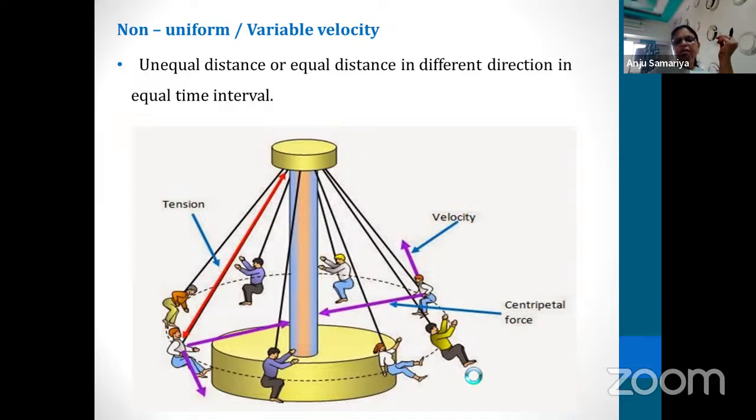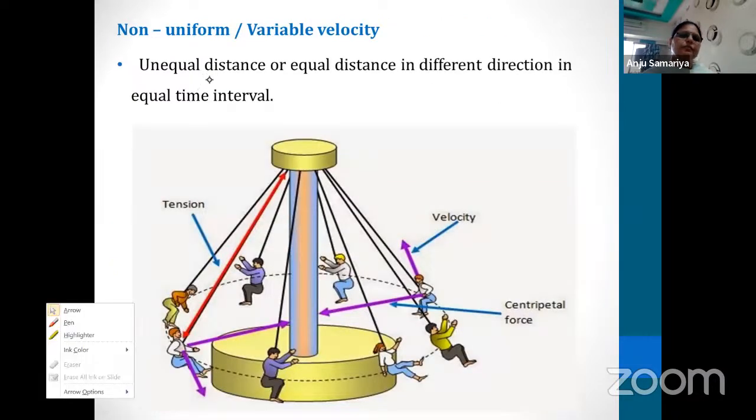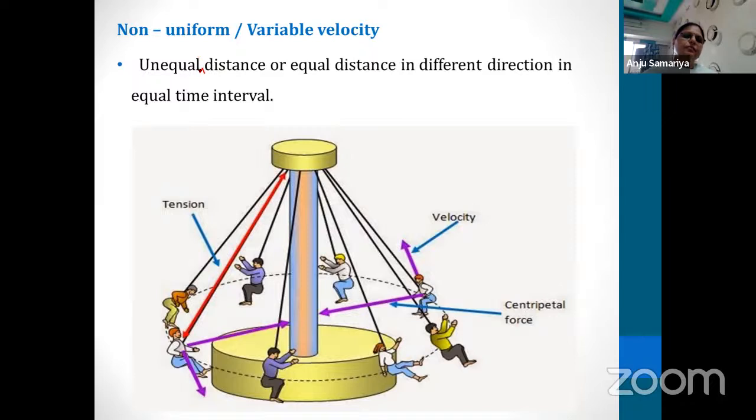So equal distance in the same direction, unequal distance in the same direction, or equal distance in different direction, then that will form non-uniform velocity.